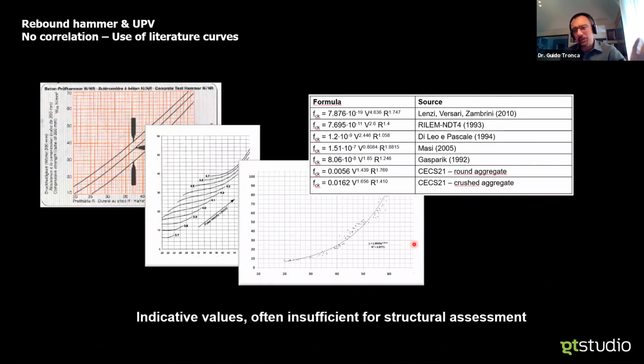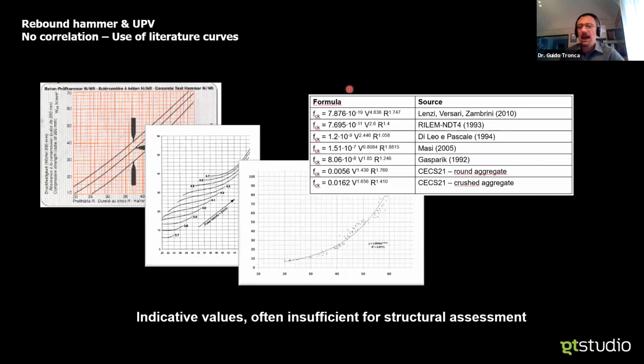As a side note, if I don't have the chance to use calibration, the blind use of a literature curve or manufacturer curve is at risk of bringing bad credibility to the method, because it is proven there is no universal curve for rebound value, or even less for ultrasound, and not even for the SONREB method.